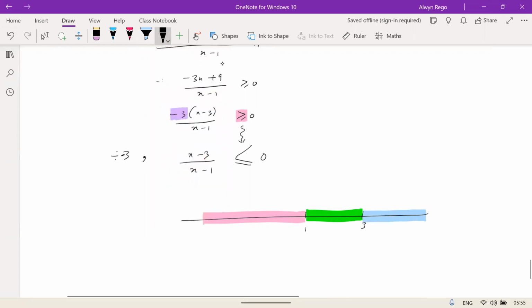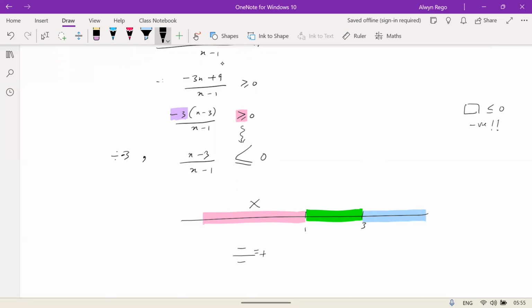If you take a value less than 1, let's say 0, then 0 minus 3 is negative, 0 minus 1 is negative, so the answer is positive. But I'm looking for less than or equal to 0, which means negative or 0. So this is positive, and I wouldn't like it.